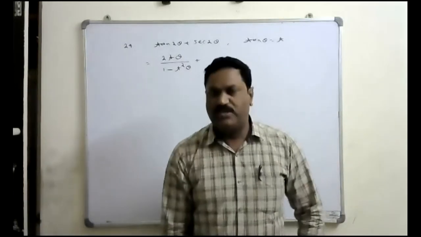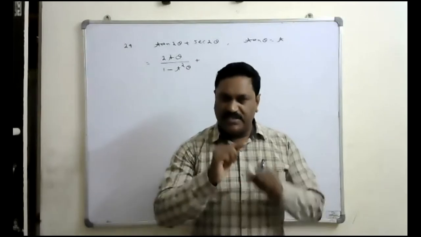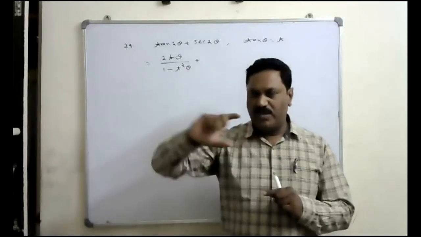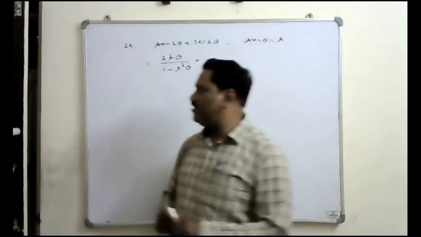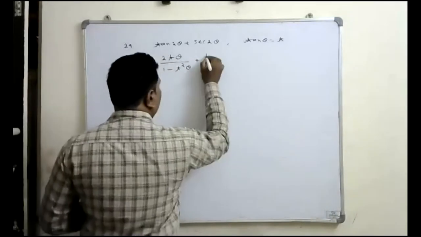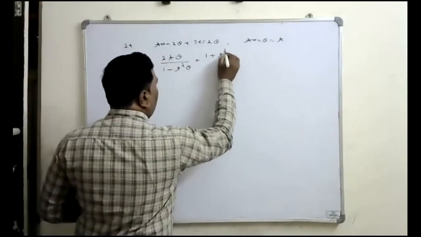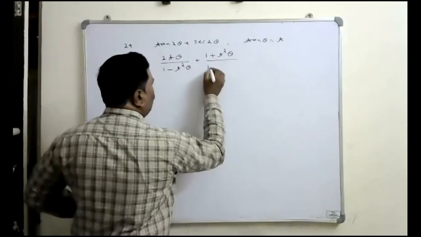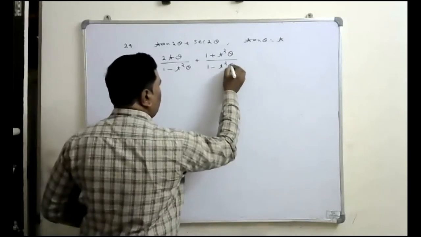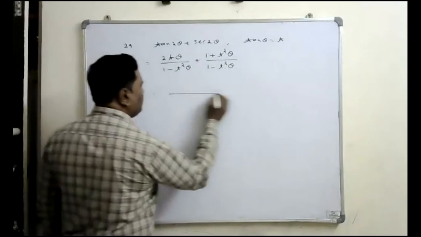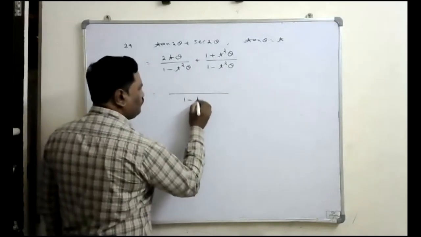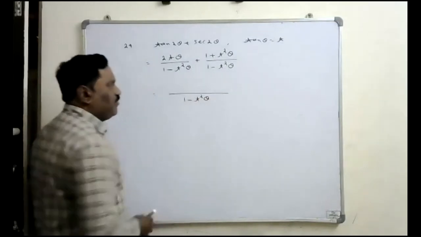Secant means the reciprocal of the cos. That's why take the reciprocal of the formula, then what are we getting? 1 plus tan square theta upon 1 minus tan square theta. Then here what is the LCM? 1 minus tan square theta.